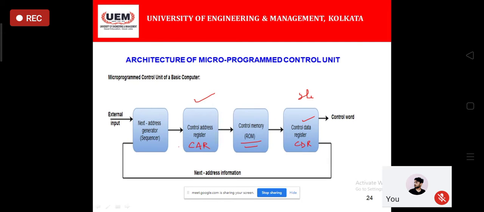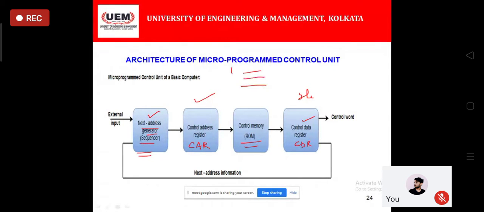Now what is this next address sequencer? You have seen the program counter that stores the address of the next instruction. What is going to be the next address is basically generated by this sequencer circuit, or next address generator. Which micro instruction is to be executed next, that address needs to be stored, because lots of micro instructions are there.